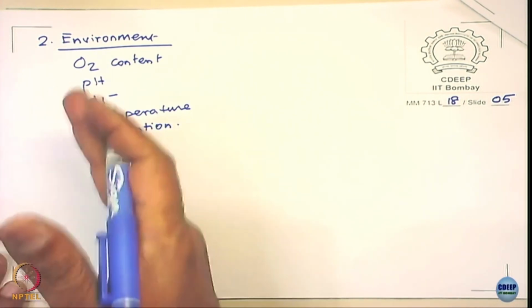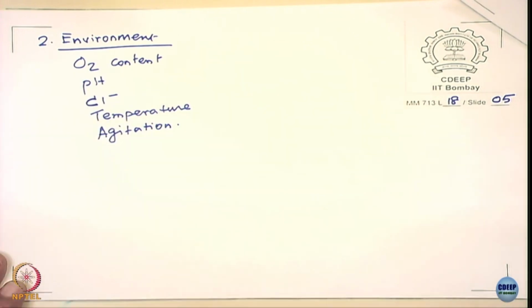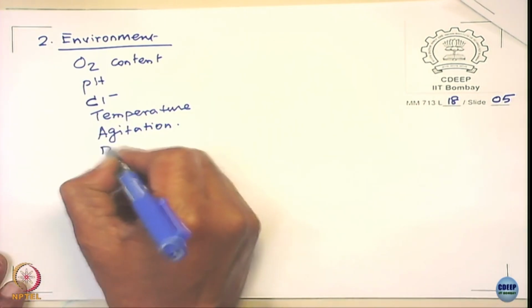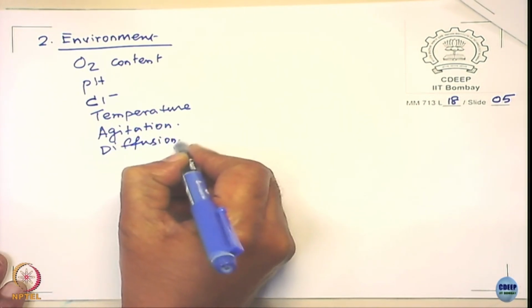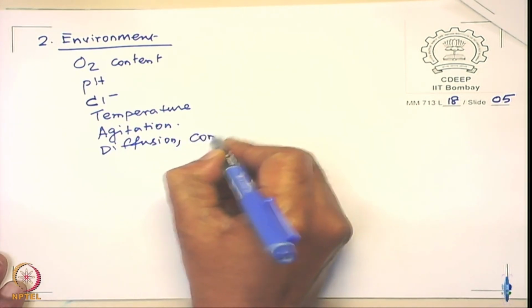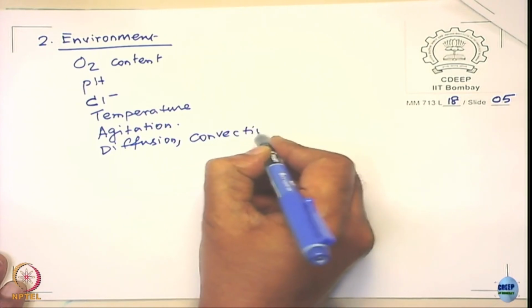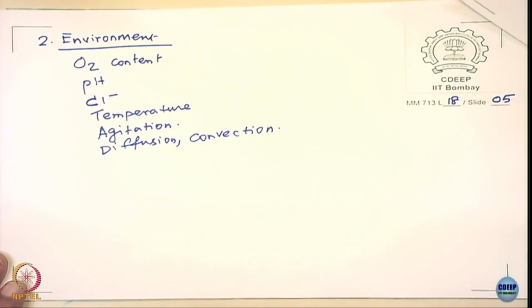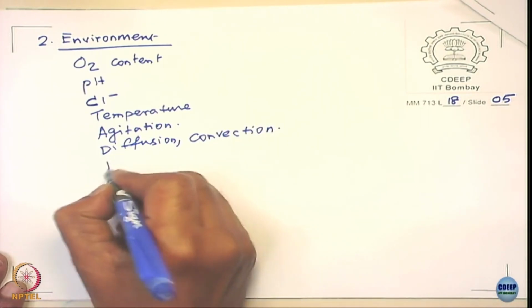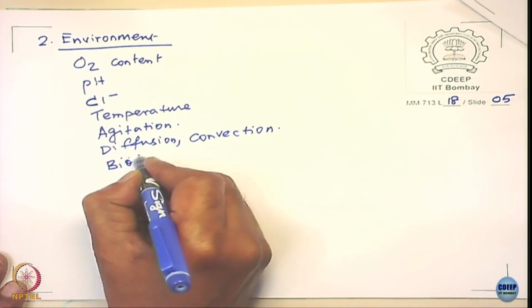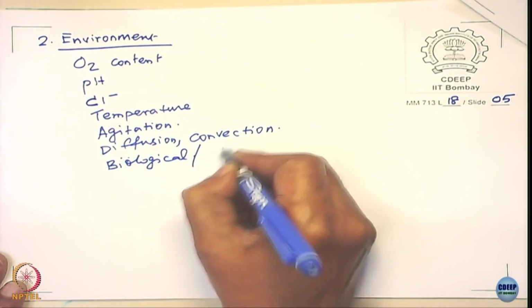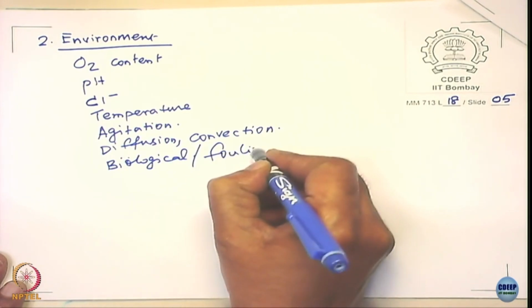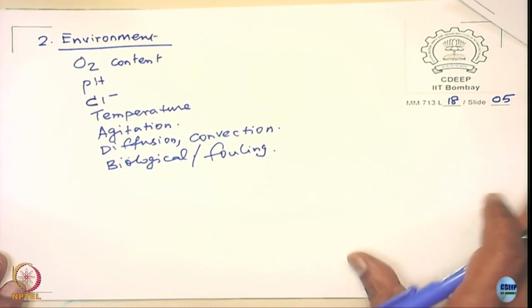The other related parameters, what is that? Like diffusion, convection, but all interrelate to each other, okay, and biological factors. When I say biological or fouling, you can put the word fouling actually.